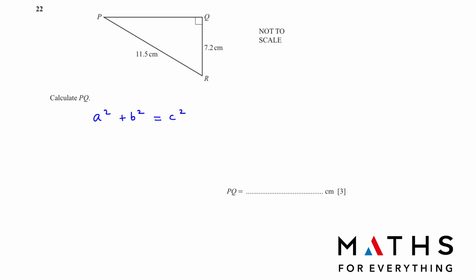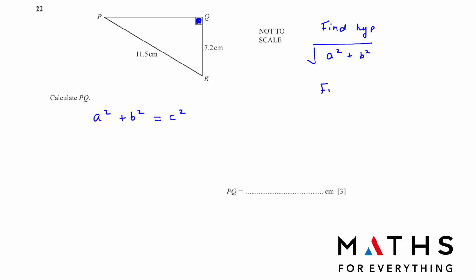Here I'll show you a trick. If you want to find the hypotenuse, what is the hypotenuse? The side opposite the right angle. If you want to find the hypotenuse, then whatever sides we have, we square them and square root the answer.